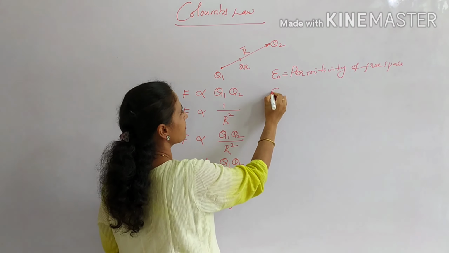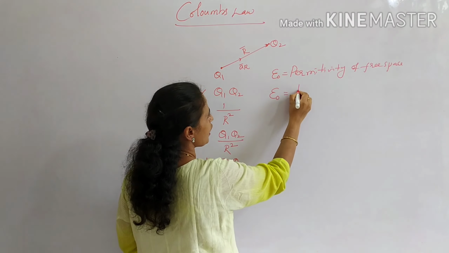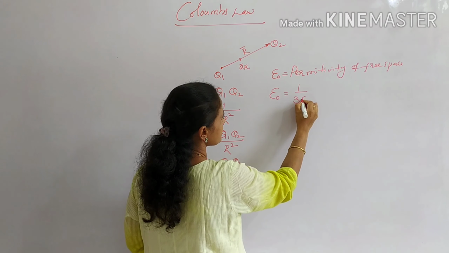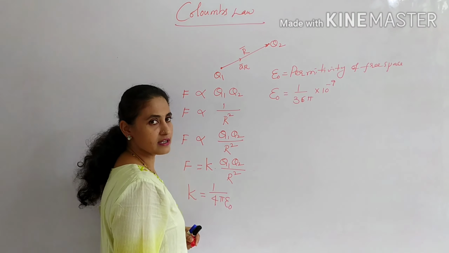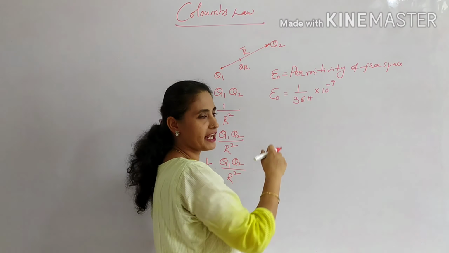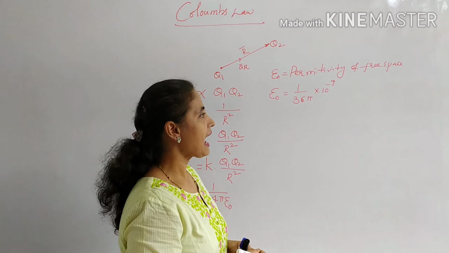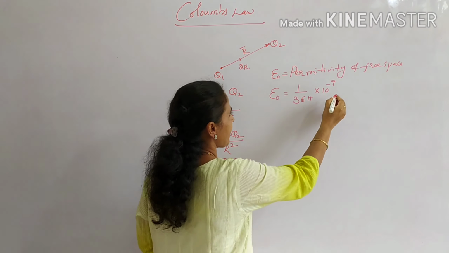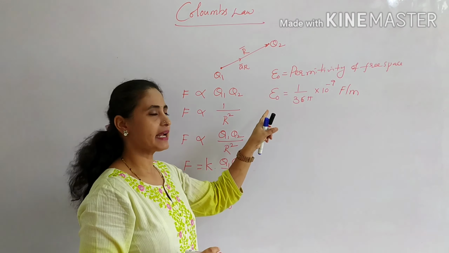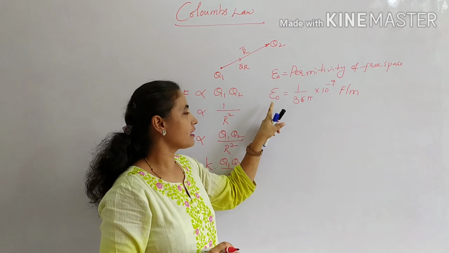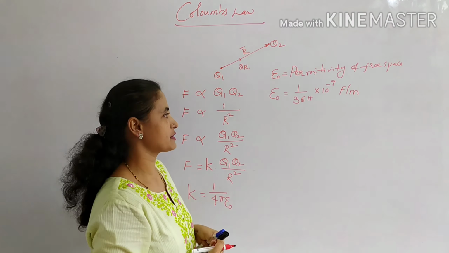It is given by epsilon naught equal to 1 by 36 pi into 10 raised to minus 9, with the unit of farads per meter. Permittivity indicates the capacitive nature of free space.